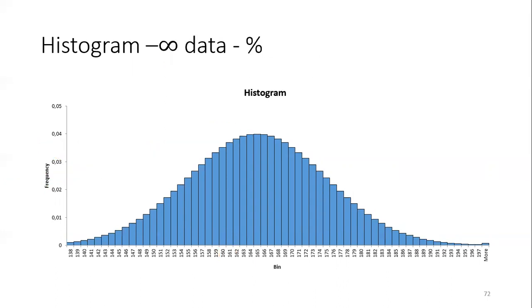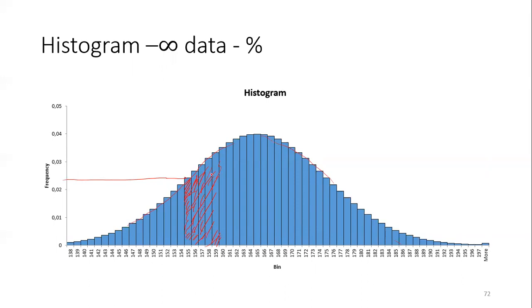And this is the histogram of infinitely many data. See, it's a smooth curve. So if I ask you what is the probability of a guy coming to the class between 155 and 160 inclusive, what you do is you go to here, look at the height of this rectangle, this rectangle, and this rectangle.